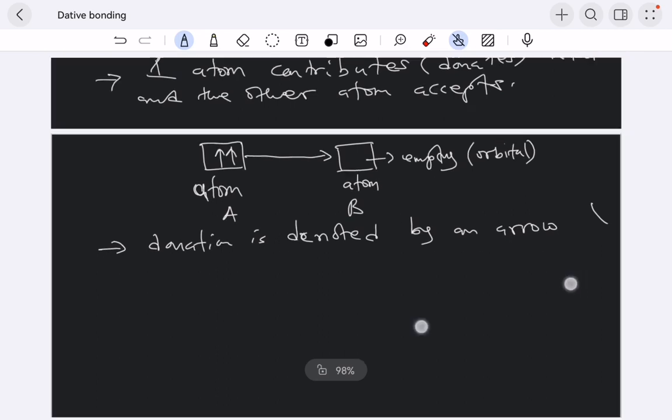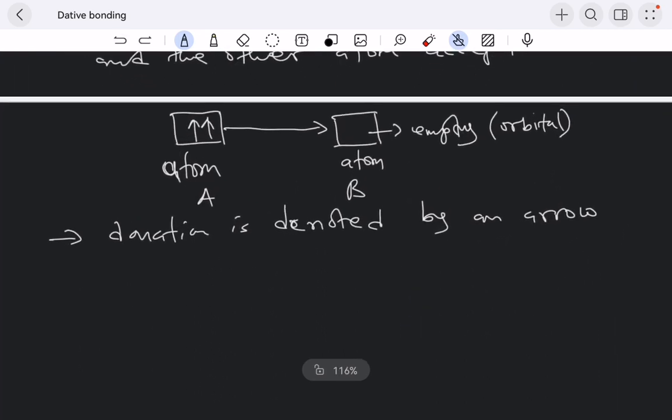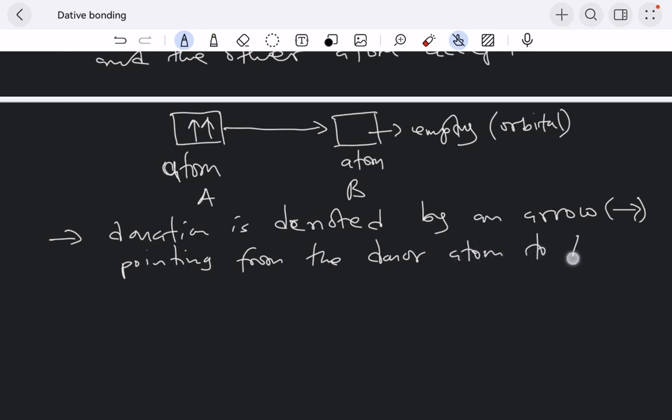So we'll see an arrow, and what that simply means is that the arrow is pointing from the donor atom to the acceptor.